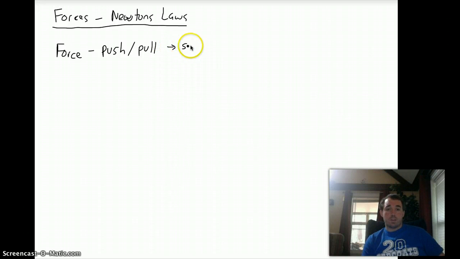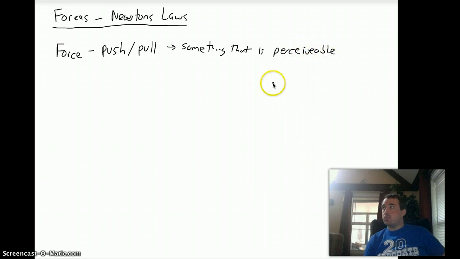A force is something you feel, something that is perceivable. You know when somebody's pushing on you. You know when you hit something because there's a force being applied to you. We do say, along with that, that force is being applied.